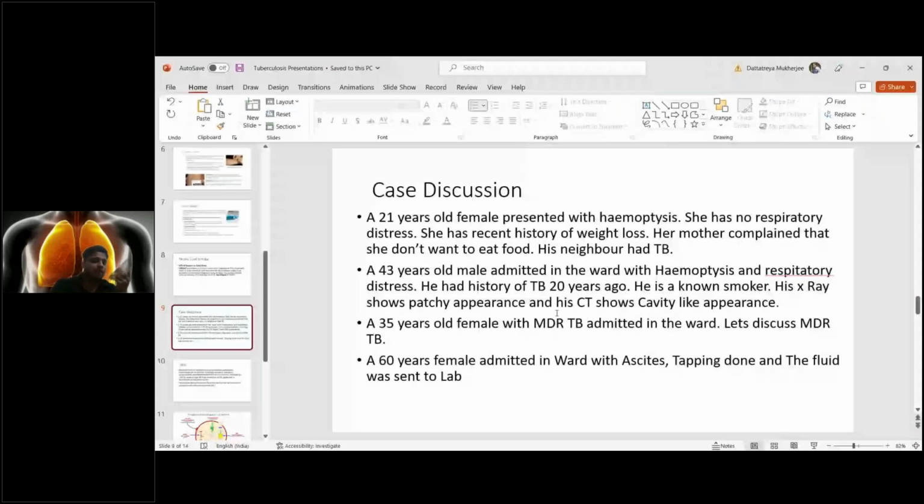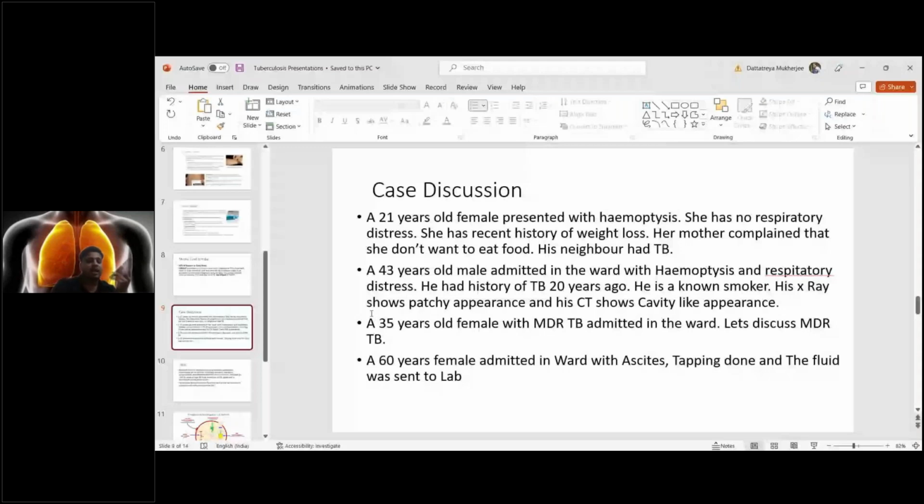Recently in Kolkata, one medical student died of MDR TB, because we are very vulnerable to get it. If we become immunocompromised, then we can get this TB. MDR TB is very nasty, very nasty. I think it was in November or December that one medical student from Kolkata died because of MDR TB.